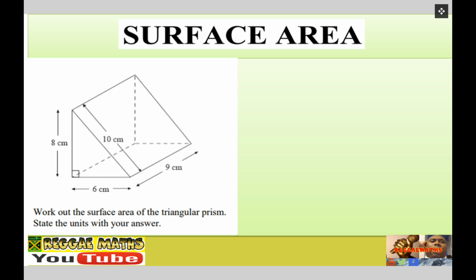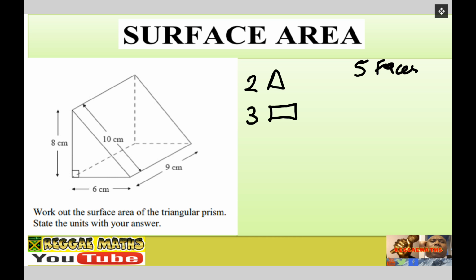Okay, this is a triangular prism. So for the surface area of a triangular prism, here we're looking at 5 faces. It's a right angle triangle, so we got 2 triangles and 3 rectangles.